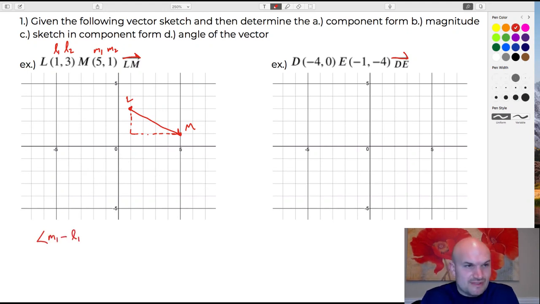And if you think of these like x's and y's, the second point, 5 minus 1, is going to tell you how far you're changing horizontally. And then if we want to change the vertical, it's going to be M2 minus L2. So it's basically the y-coordinate of your terminal point minus the y-coordinate of your initial point.